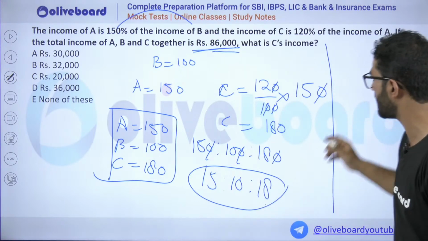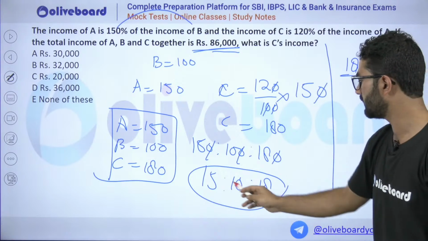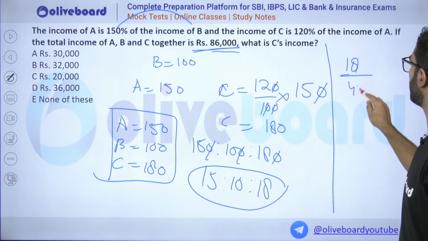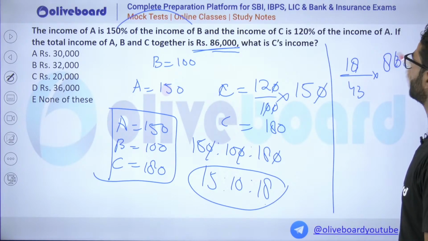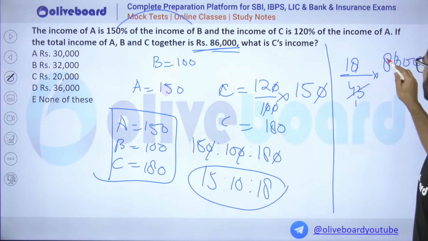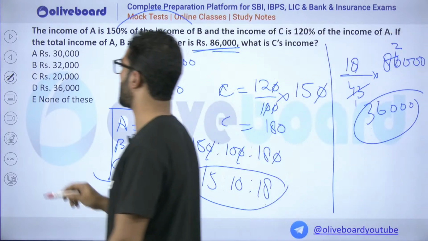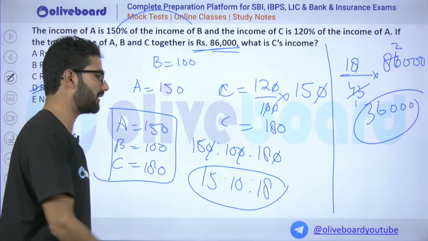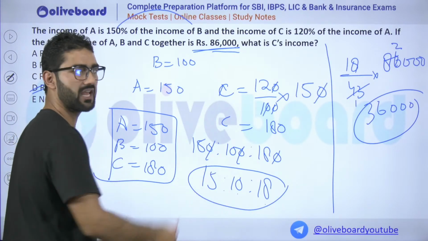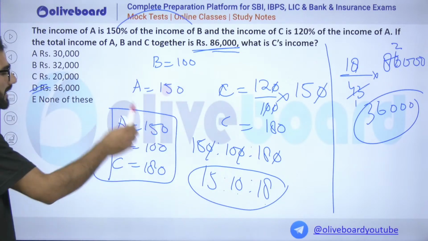C's ratio is 18. What is the total ratio? It is 15 plus 10 plus 18, that is 43. So 43 multiplied by 18 gives the income for C. Similarly, if they are asking the income for A or B, we will take the ratio 15 or 10 accordingly, whatever they are asking. So you can go for that.